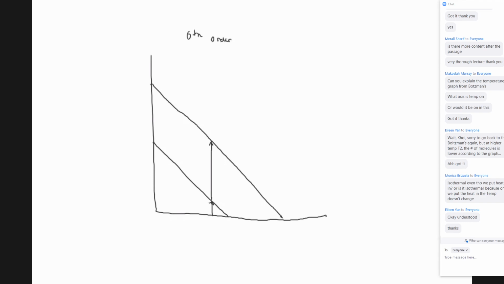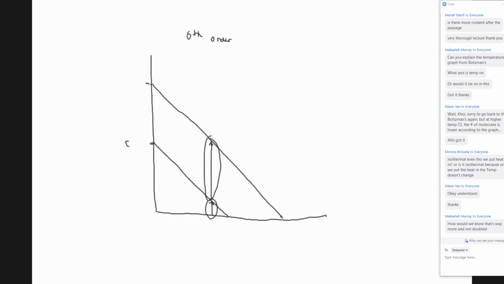This is for the zero order graph as it changes reaction rates. This is way more, even though we doubled the initial concentrations. This is the initial concentration. This is 2 times that. Double would have been at a specific point.